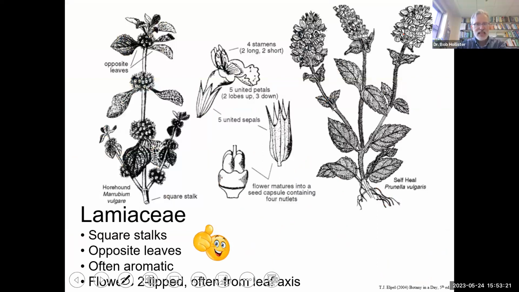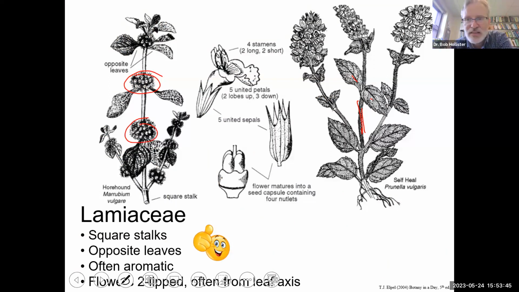All right, next, Lamiaceae. Lamiaceae is our mints. Mints are easy because they've got the square stem, opposite leaves, and then generally the flowers from the leaf axis.